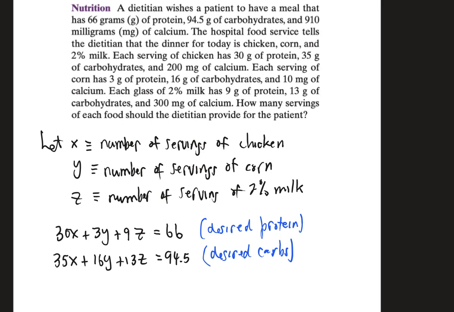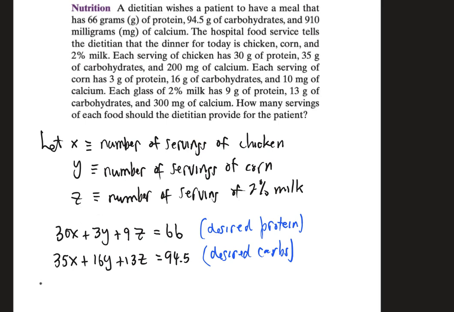And then finally, we want the calcium. So we would expect the milk, based on what the lobbyists in Washington tell us, milk does a body good. Well, you should have me talk about it someday. It's not quite as good as they make it out to be. But anyway, I digress. For the calcium, in the chicken we have 200 milligrams of calcium.